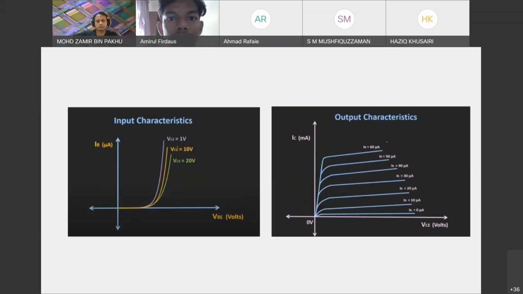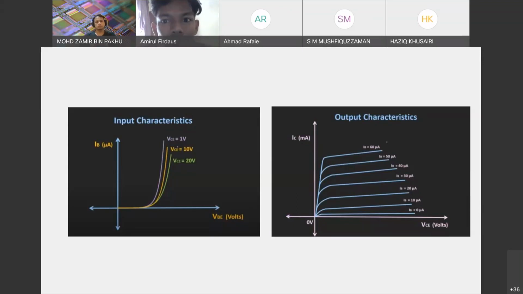It's the same as the common collector: when we increase the VCB value, the depletion region will get wider, and due to that, the effective base width will reduce, and the probability of recombination in the base will reduce. Most of the electrons will get collected at the collector terminal, so the base current will be reduced.